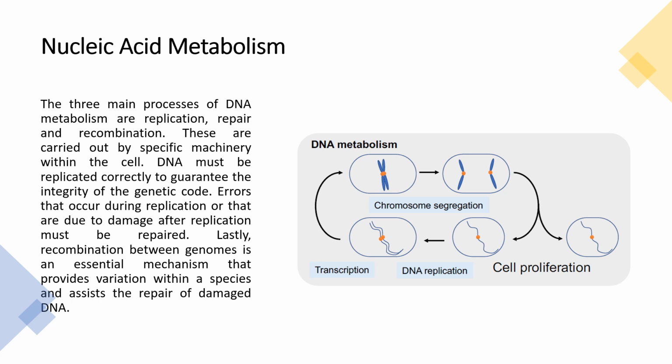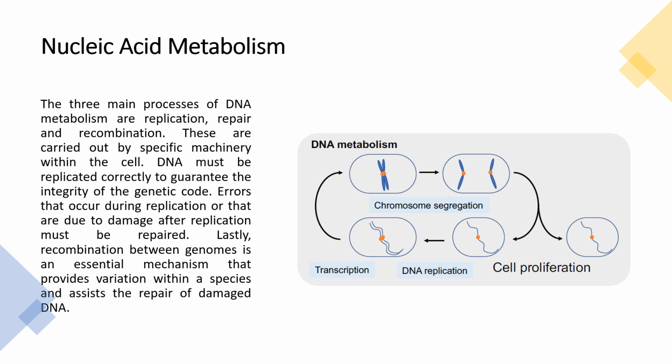Let's now take a look at nucleic acid metabolism. The three main processes of DNA metabolism are replication, repair, and recombination. These are carried out by specific machinery within the cell. DNA must be replicated correctly to guarantee the integrity of the genetic code.